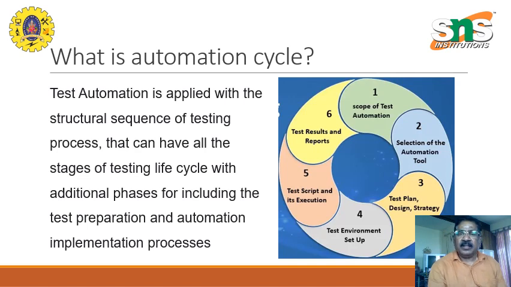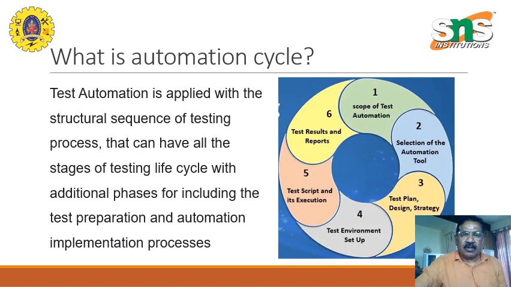There are different phases of testing: what is the scope of the test, how do you select the automation tool, what is the test plan and design strategy, what is the test environment and setup, the test script and its execution, and how the results are compiled. This entire cycle is a test automation cycle, and it has been introduced in our syllabus as there is automation on the software side also.